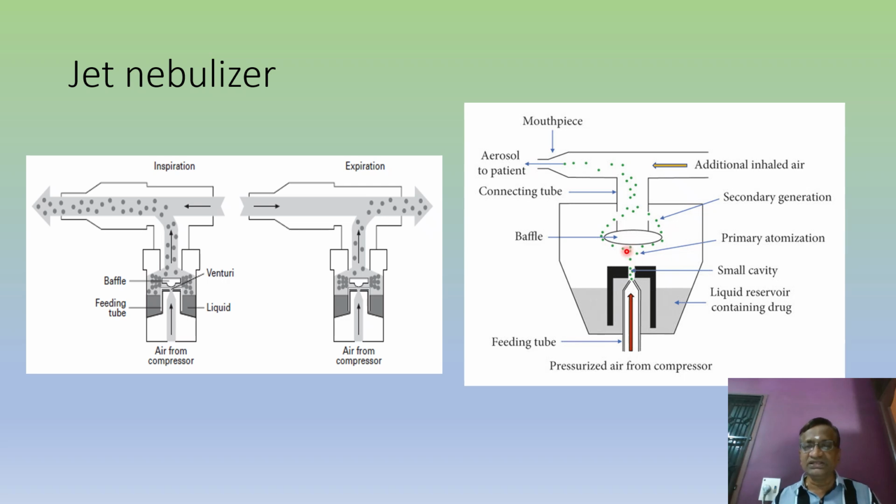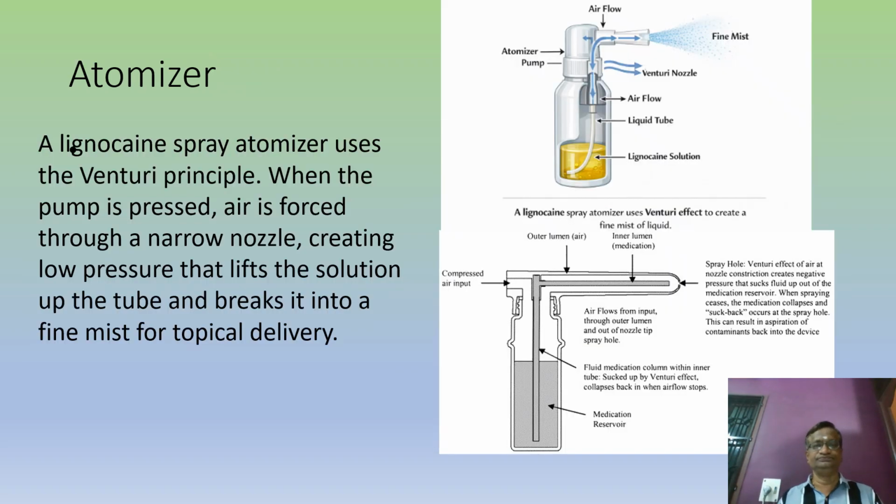Here there is primary atomization, then it hits the baffle and goes on as secondary atomization, gets additional air, and the patient gets this aerosolized drug. This is a simple jet nebulizer using Bernoulli's principle.